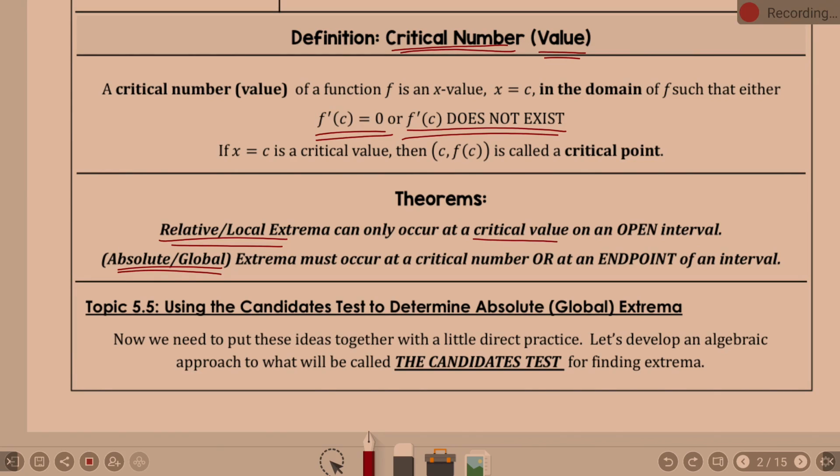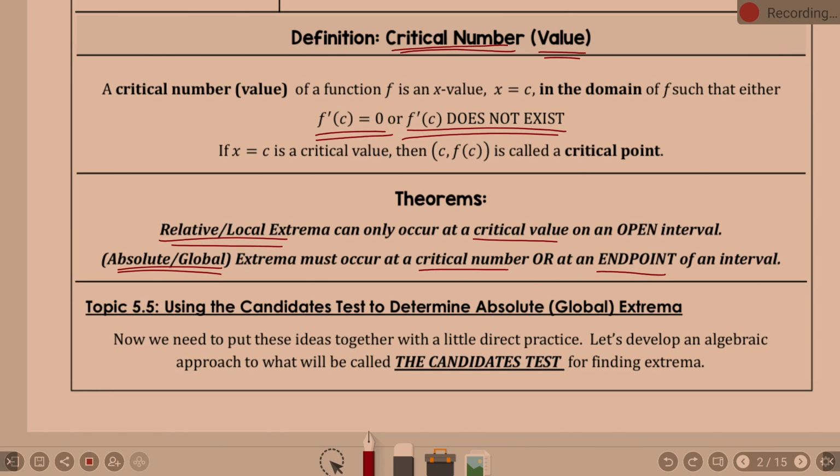Absolute extrema can occur at a critical number or at an endpoint, which is why if you're given an interval, we always have to check the endpoints.